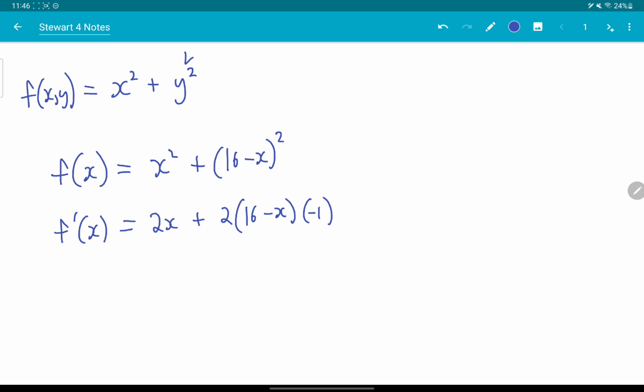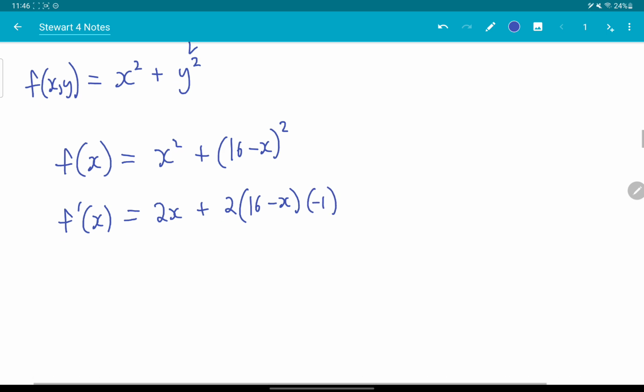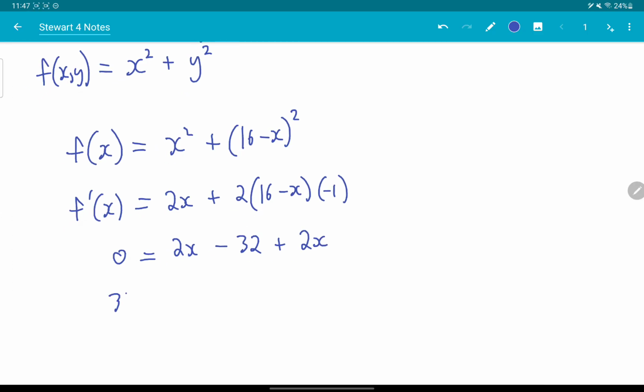Chain rule gives me times minus 1. So f prime is going to be 0, right? So that I can find maxes and mins. Let's clean this up. I get minus 32 plus 2x... 32 is 4x, giving me x is 8.